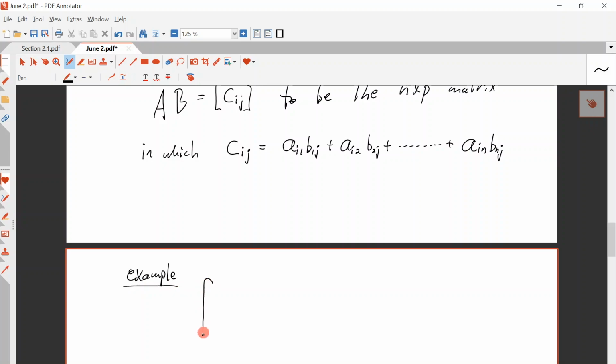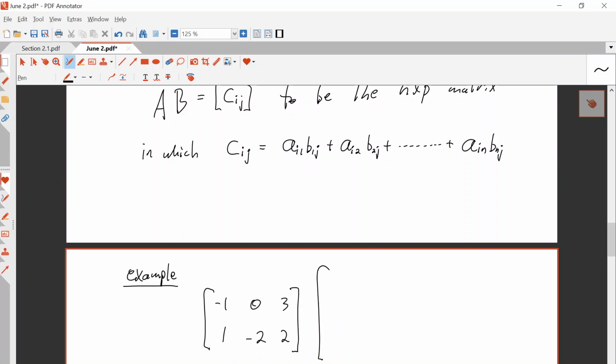So let's take a 2 by 3 matrix. Okay, so minus 1, 0, 3, and so this is 2 by 3, 2 rows, 3 columns.